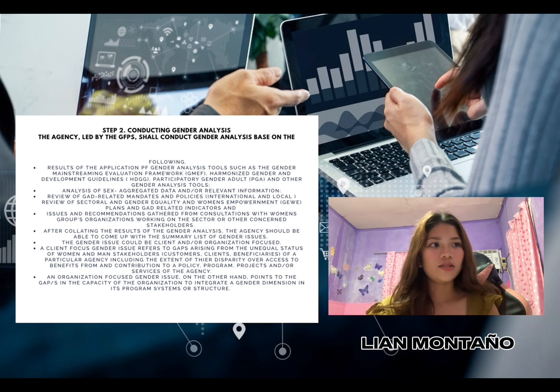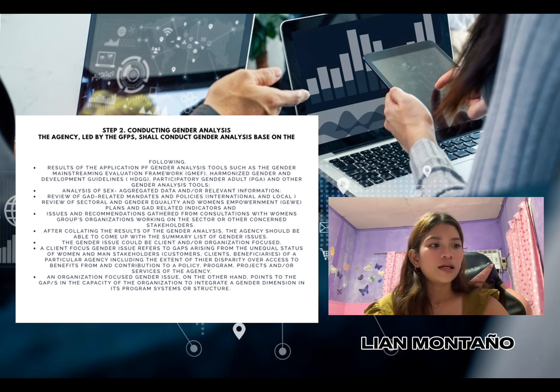Analysis of sex-disaggregated data or relevant information, review of GAD-related mandates and policies, international and local, review of sectoral gender equality and women's empowerment or GEWE plans and GAD-related indicators, and issues and recommendations gathered from consultations with women's groups and organizations working on the sector or other concerned stakeholders.